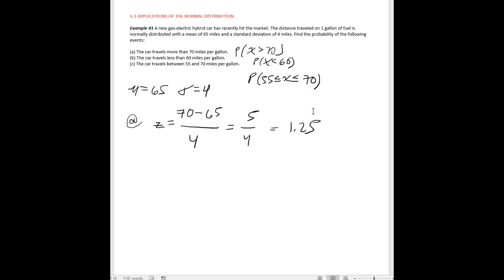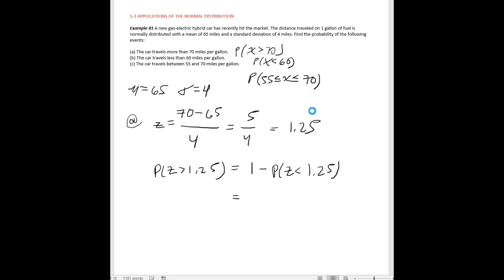And so now we just turn this into a problem that we had before. Now we want to find, what's the probability that z is greater than 1.25? Because we have cumulative probability on our table, this is just equal to 1 minus the probability that z is less than 1.25.